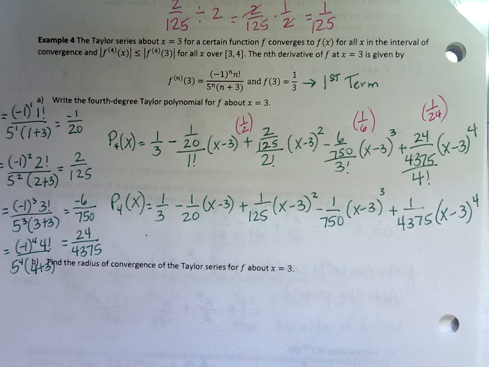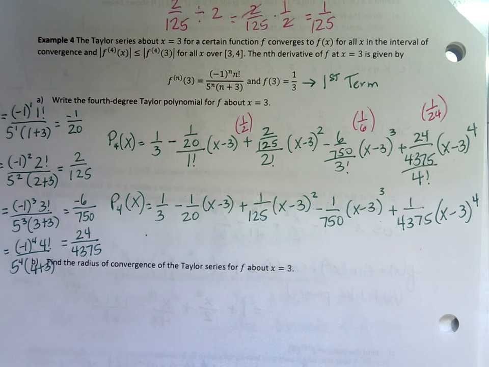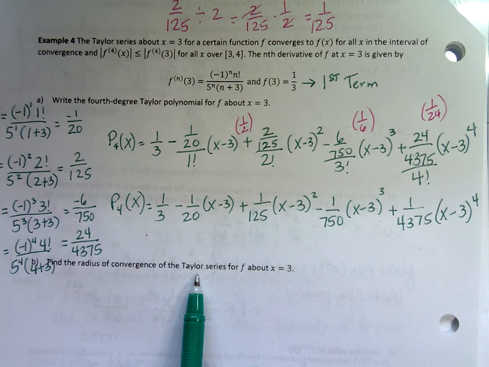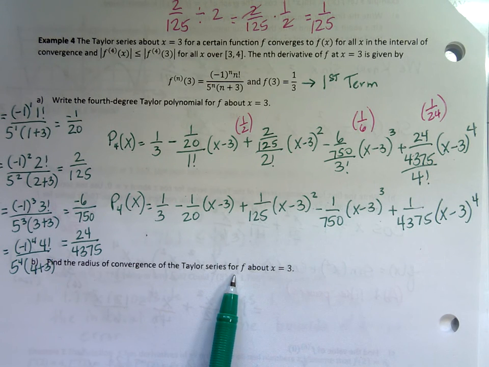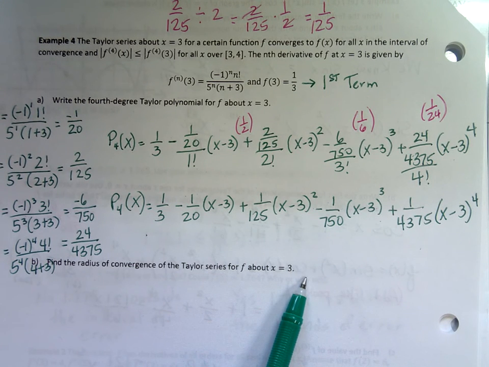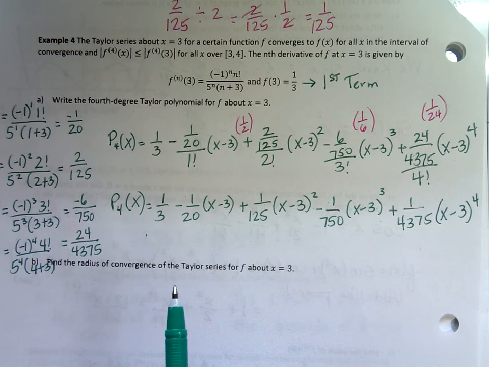All right, find the radius of convergence for the Taylor series for f about x equals 3. Well, you need to figure out what the Taylor series actually is, and so I'm looking at right here.